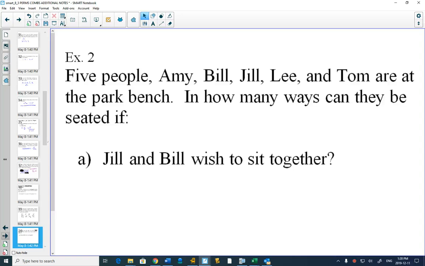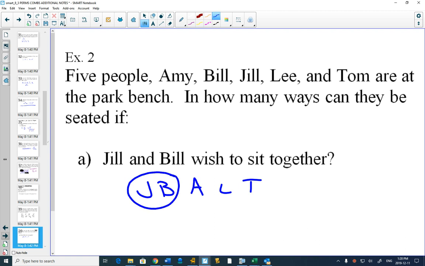So if we're thinking about this, this becomes, we've got Jill and Bill and Amy, Lee, and Tom. It's a grouping question because these 2 want to be together. And then there's 3 other single people. So we have to decide, where is the Jill Bill going to sit?